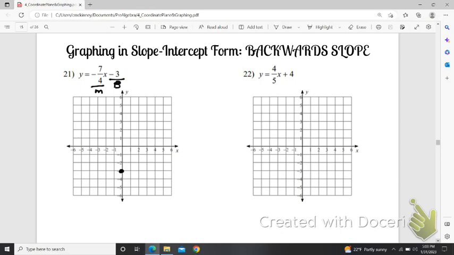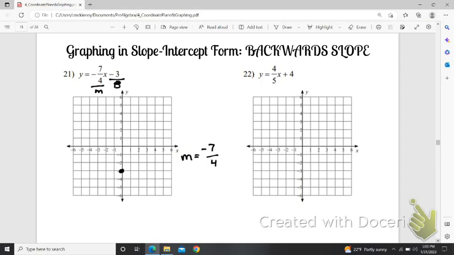And then what I really want to do so badly, I want to go down 7 and over to the right 4. But down 7, oh my, I would be way off the graph. And my graph would not be very accurate if I don't have boxes to count anymore.